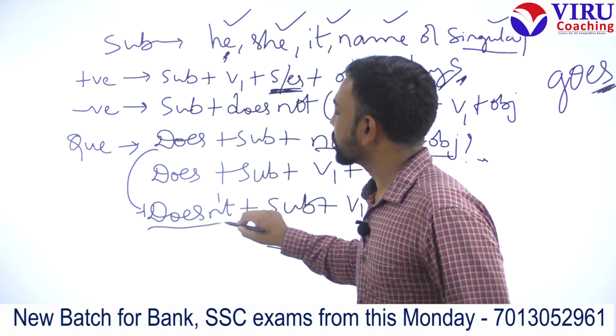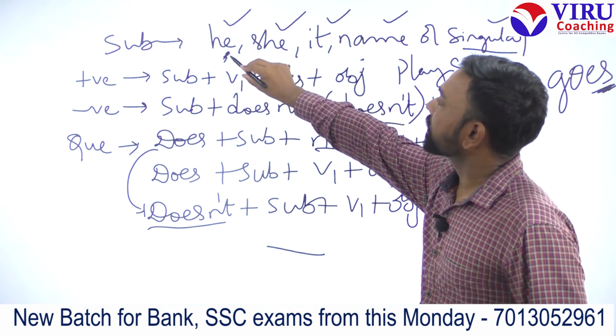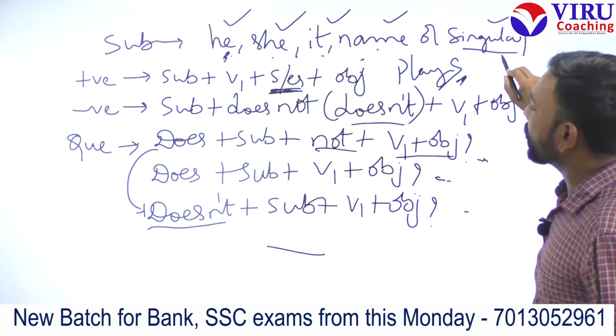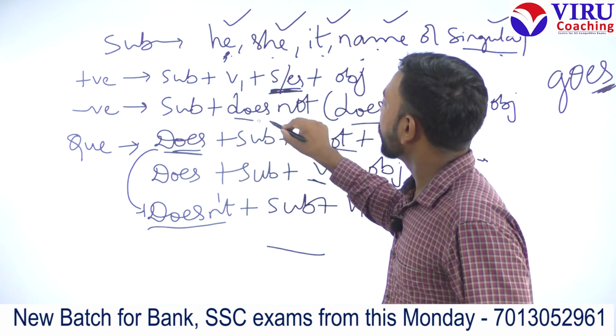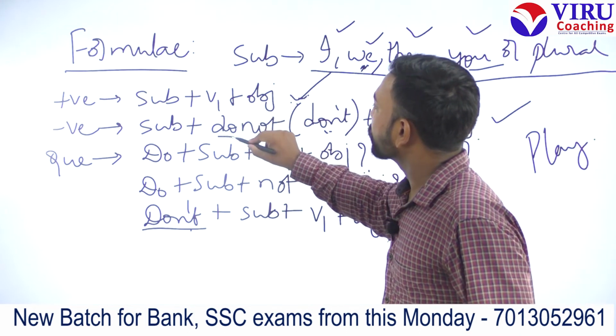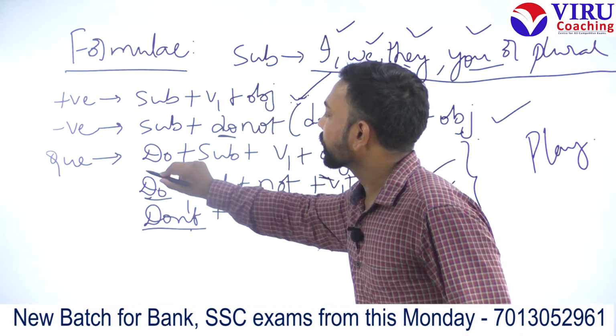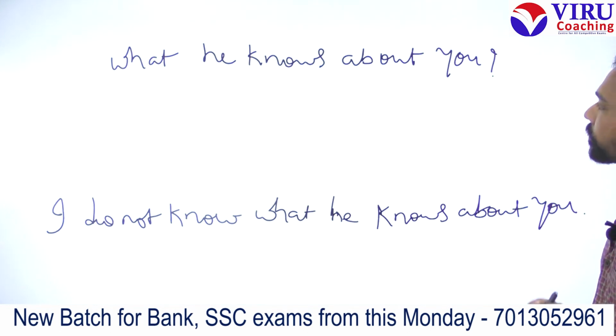Doesn't. So always remember, when you have subject as he, she, it, name or singular word, you will have does. In the previous case, we have do over here. So remember that point, very important.